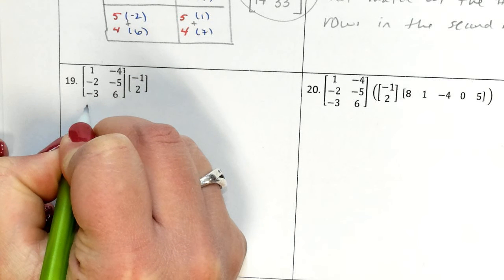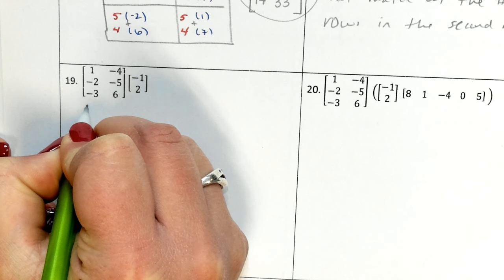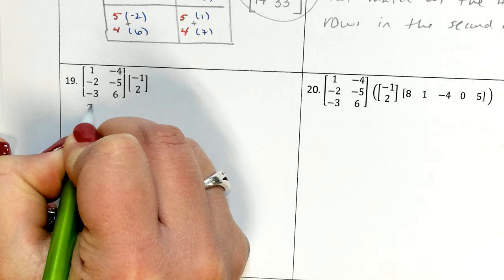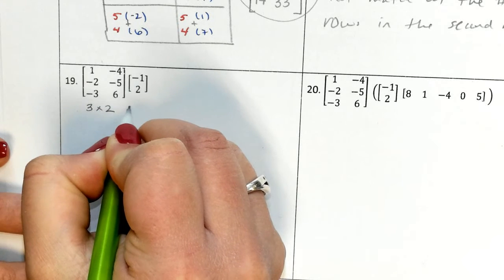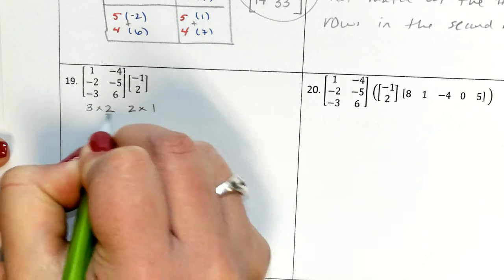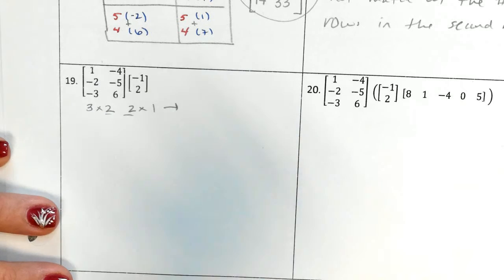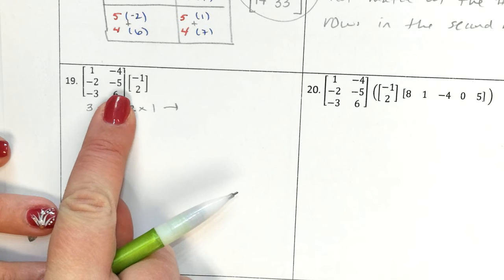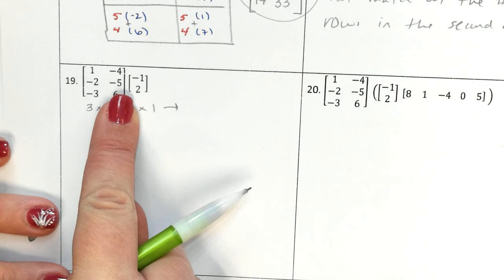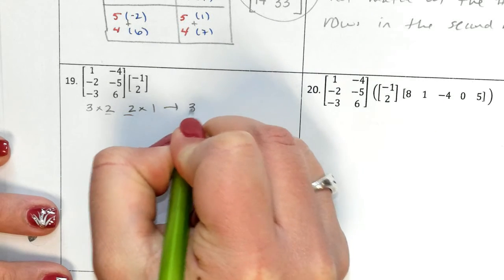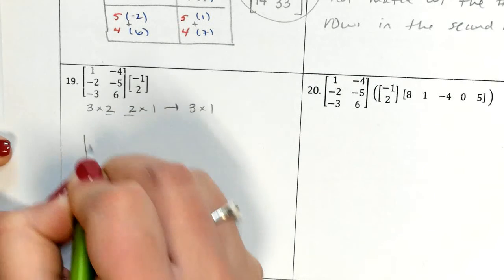What's the dimensions of the first? 3 by 2, good. And the dimensions of the second one? Can I multiply these? Yes. What's my answer going to be? 3 by 1, good. So I would do a 3 by 1 workbox.